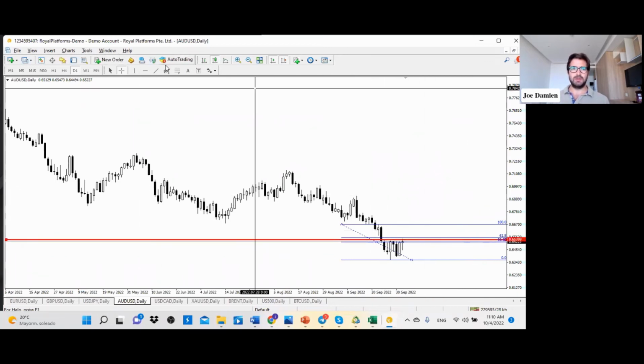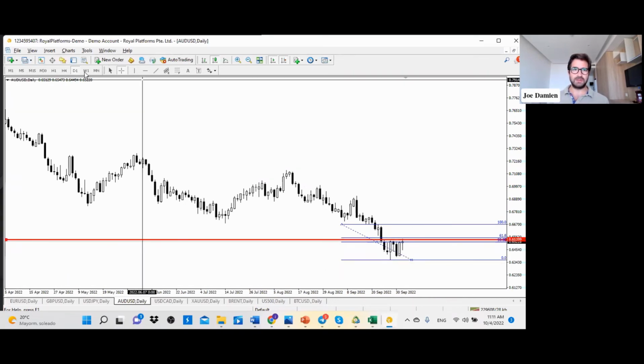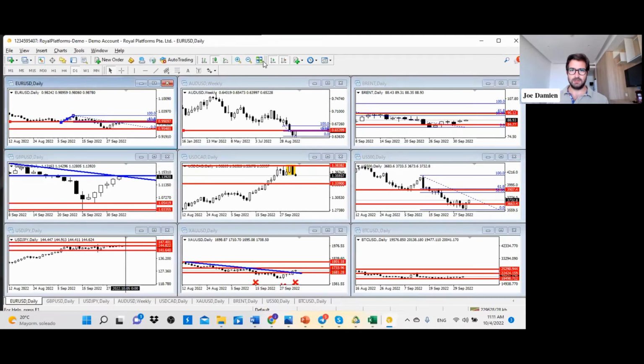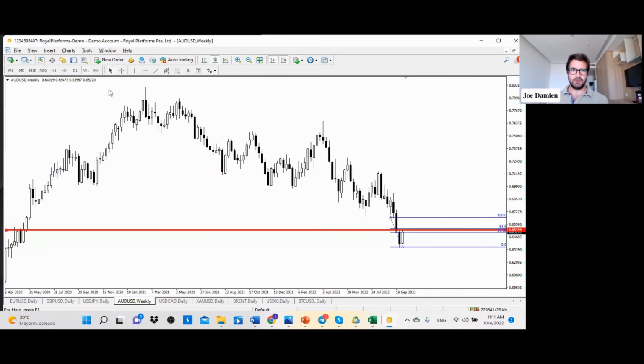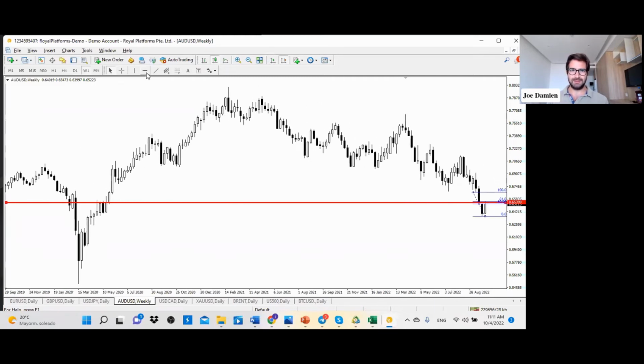So most probably the market will end this correction and move to the downside with a new bearish impulsive wave all the way down. Sorry, let me go back to Australian USD. So the market will move back to the downside to continue its main trend.